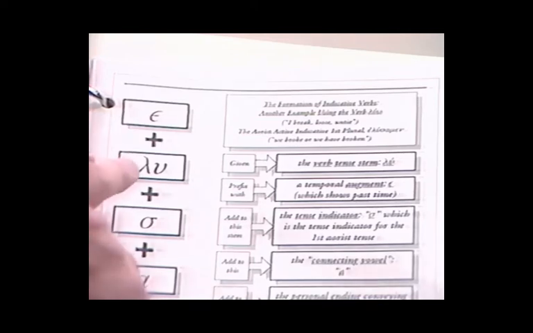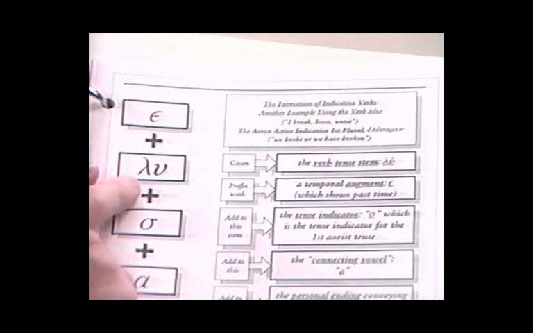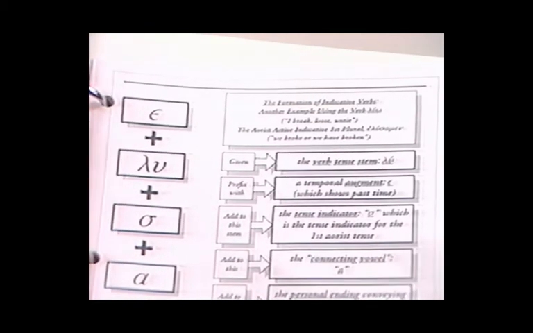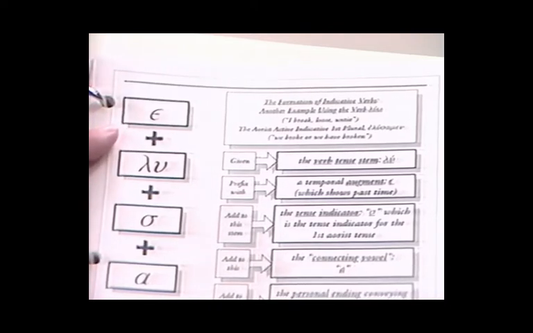Well, we have our verb stem lu, but to show past time, we're going to put a vowel in front of this verb stem, the vowel epsilon. You know, in English, to show past time, we put an ed or a d or an ied on the back of a verb.